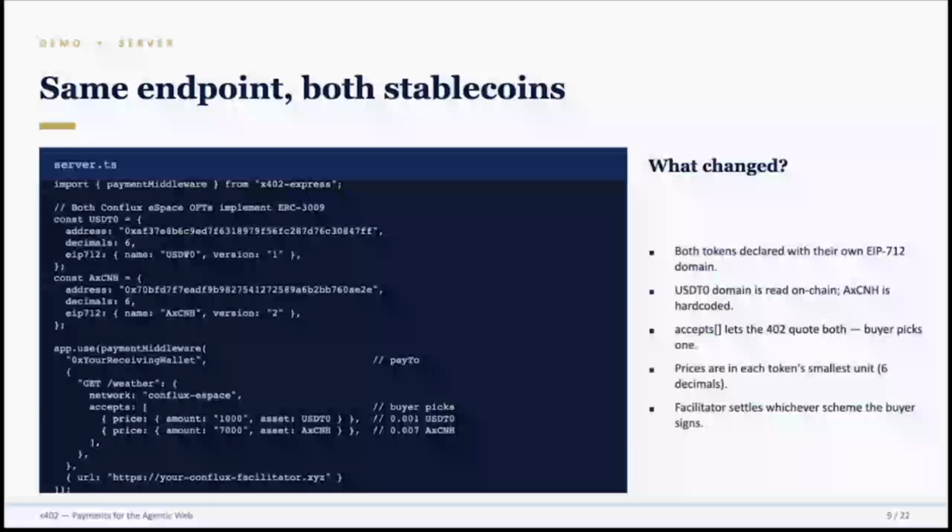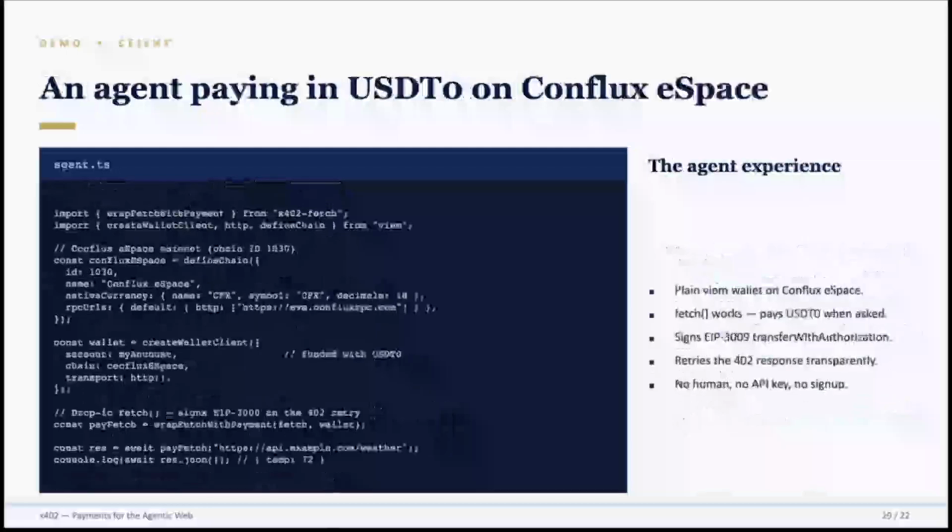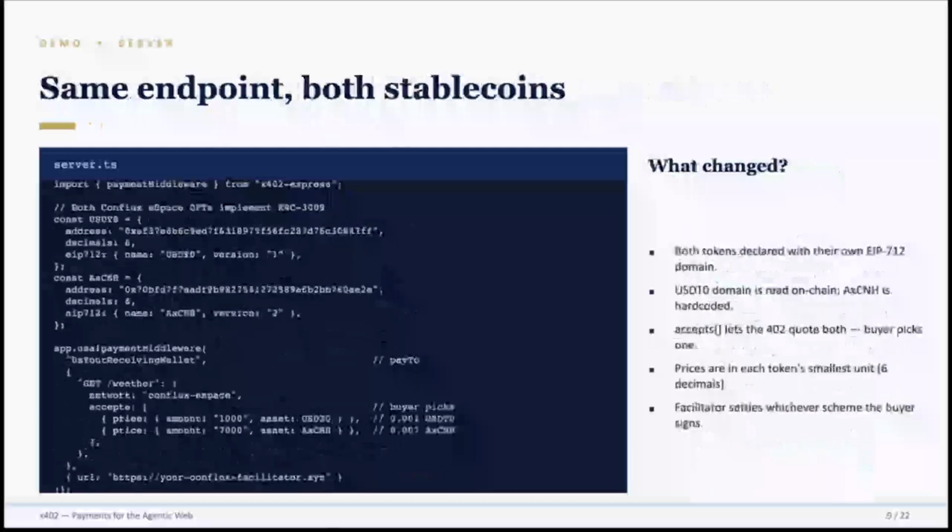That would be like 0.001 USDT or AxCNH, so you can accept either. And then you provide the facilitator endpoint, which helps process the transaction. So this is from the server side.